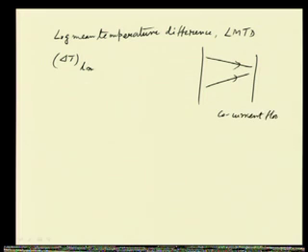Co-current means that both the streams, this is stream 1 and this is stream 2, are flowing in the same direction. So, the temperature difference between these two streams on this side, station 1, is delta T 1, and on the right side, station 2, it is delta T 2.